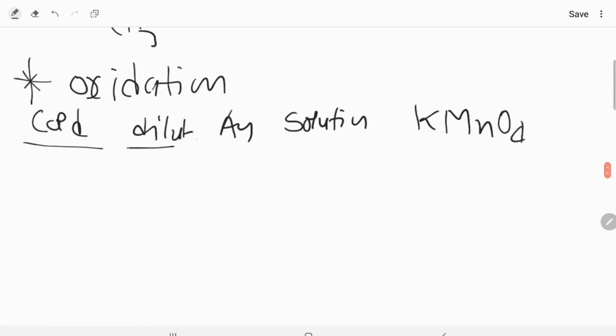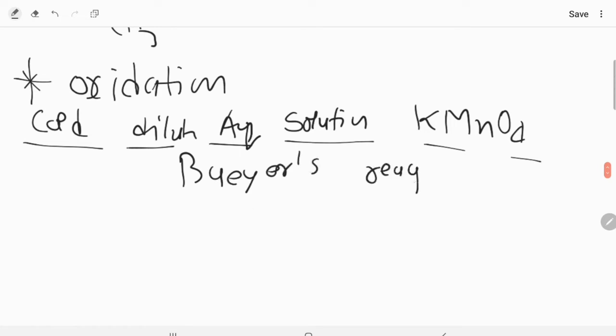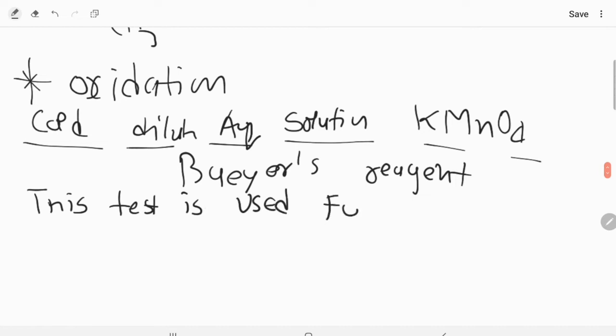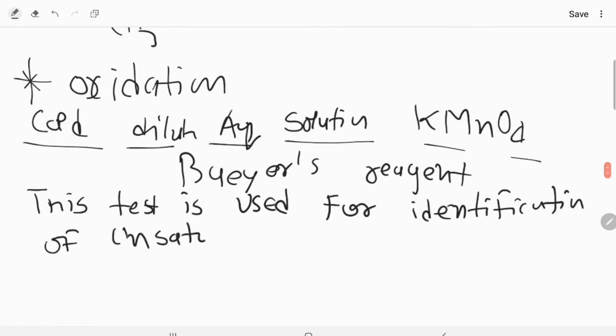A cold dilute aqueous solution of KMnO4, which is known as Baeyer's reagent. It is used for identification of unsaturation, meaning identification of a double bond.